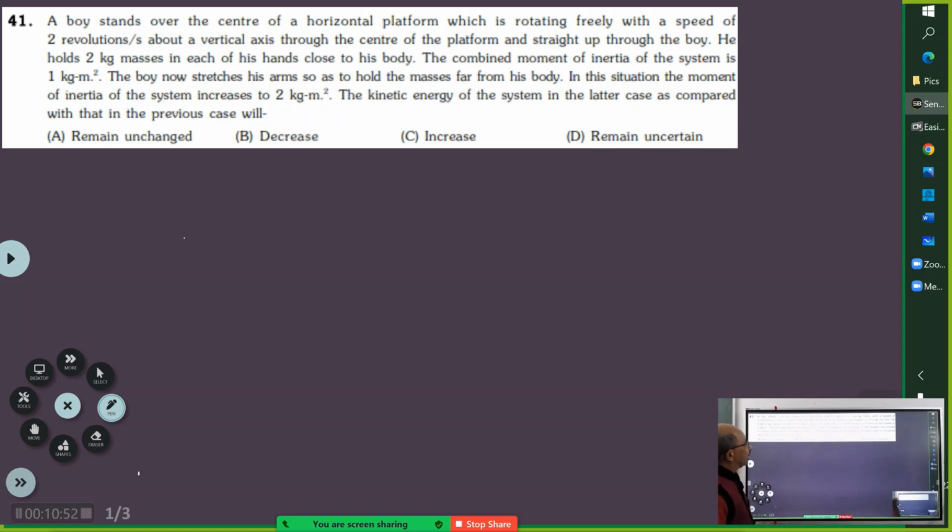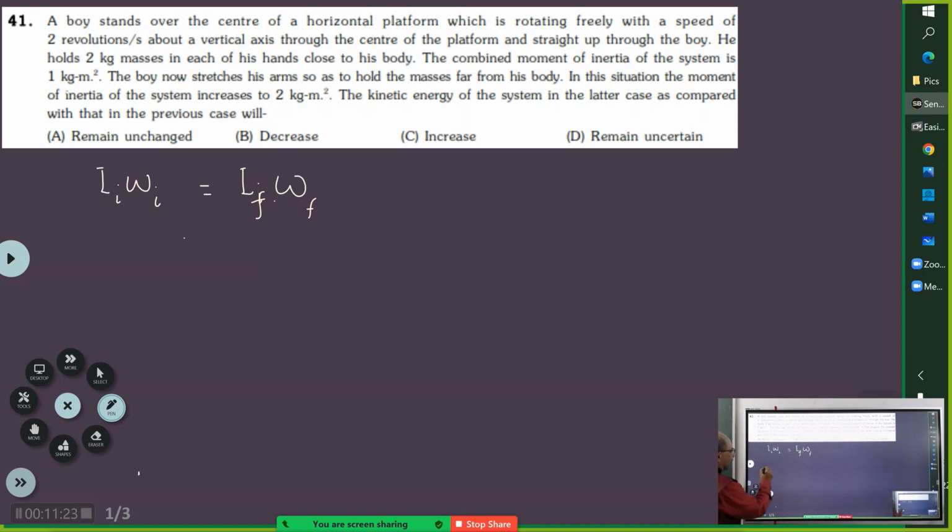So what happens to the kinetic energy of the system? The combined moment of inertia is 1 kg m squared. The boy stretches his arms, so it becomes 2. Now here they are asking about kinetic energy. So we have the initial moment of inertia, final moment of inertia, initial angular velocity, final angular velocity, and I_i omega_i equals I_f omega_f, right?